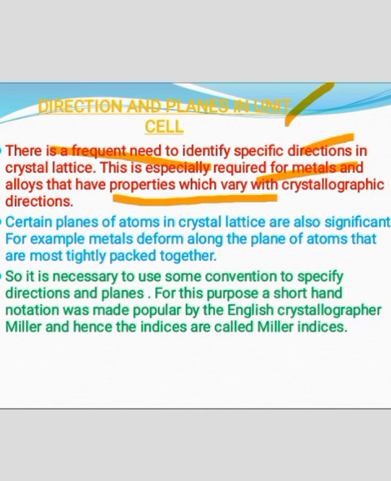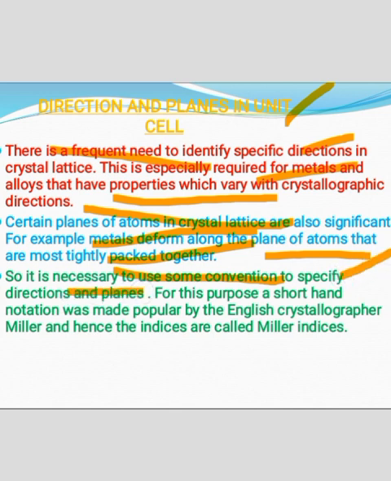So in a material, the property mainly depends upon the direction in the crystalline structure. Certain planes of atoms in a crystal lattice are also significant. For example, metals deform along the planes of atoms that are most tightly packed together. So it is necessary to use a convenient way to specify the directions and planes.